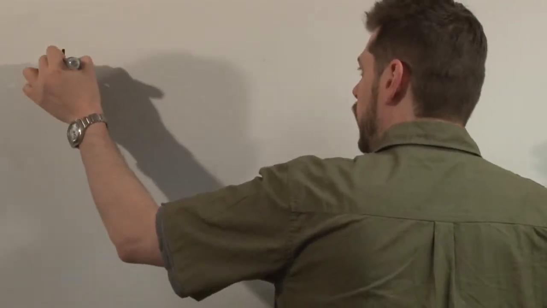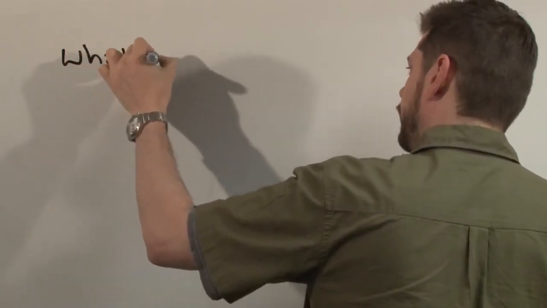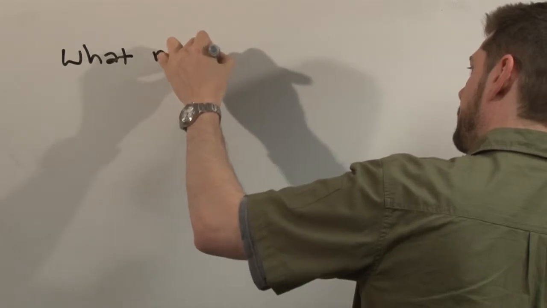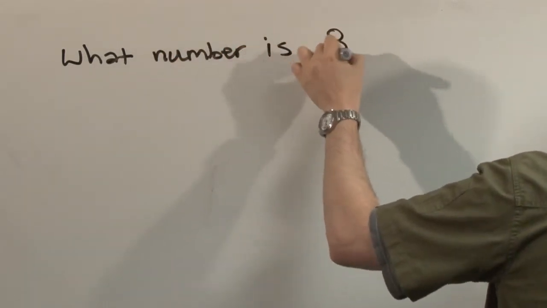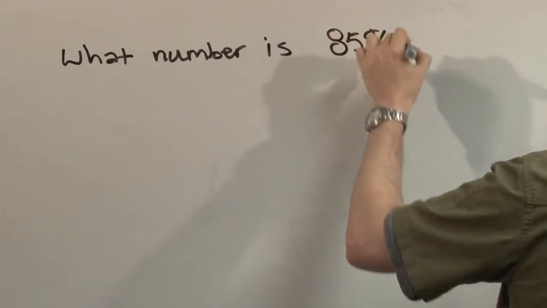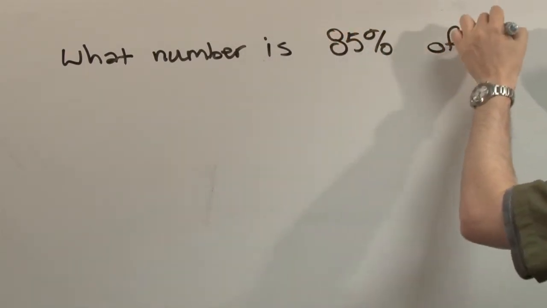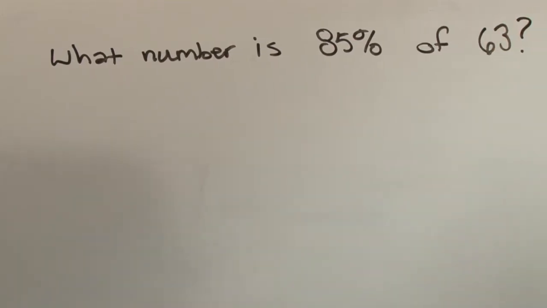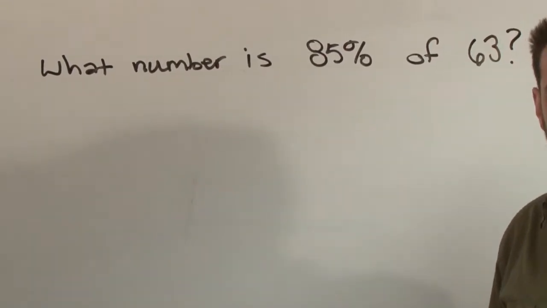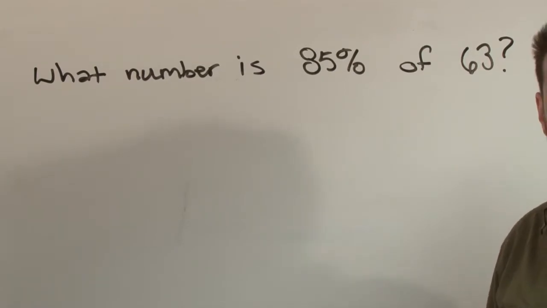If I were to say, what number is 85% of 63? Question mark. How would we translate this sentence into a mathematical equation?